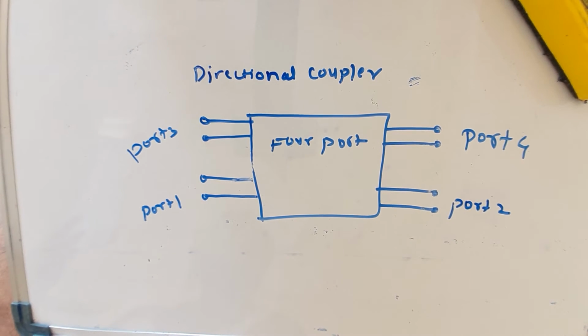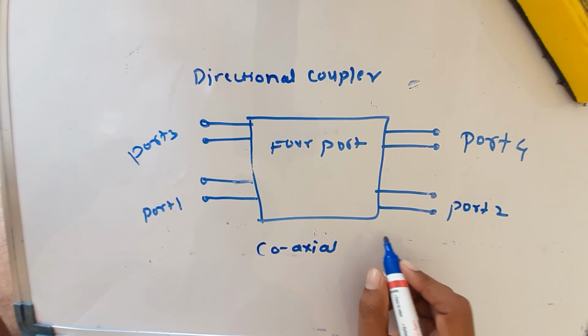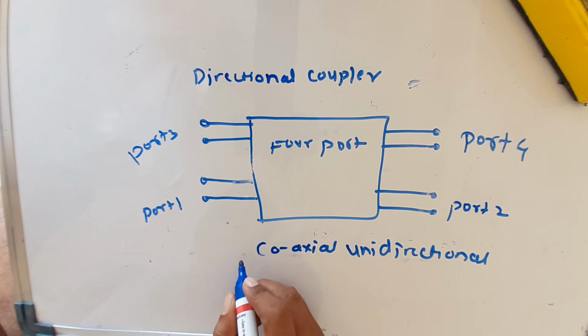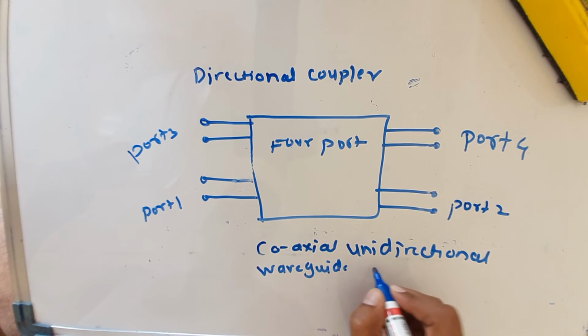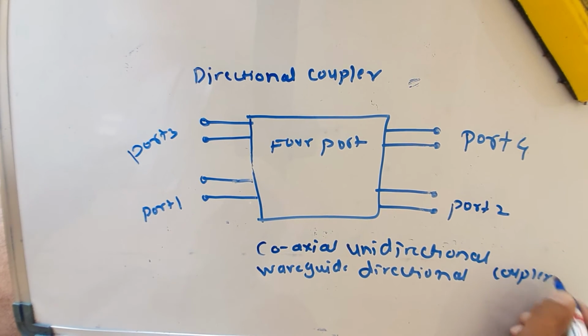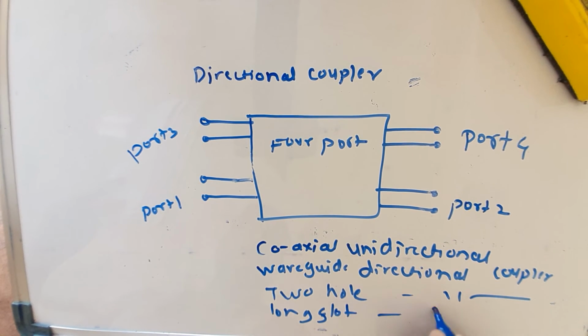There are different types of directional coupler: coaxial, unidirectional coupler, then waveguide directional coupler, waveguide two-hole directional coupler, long slot directional coupler, and Bethe hole directional coupler.